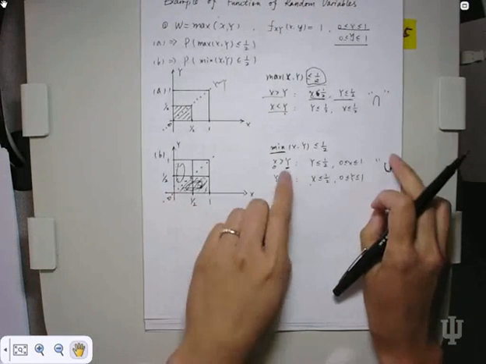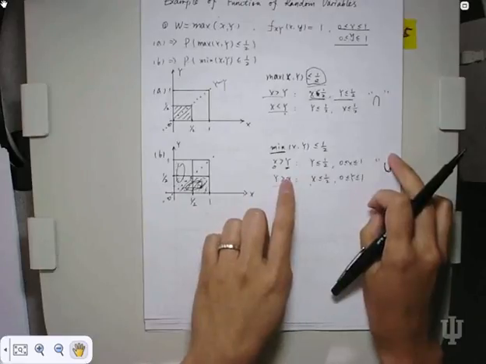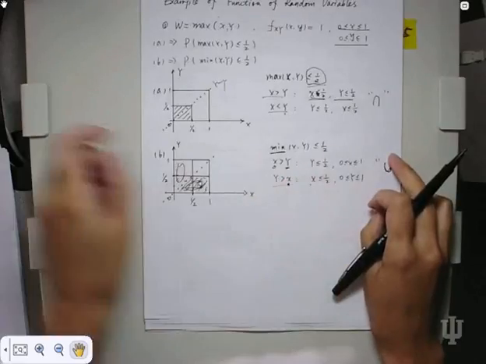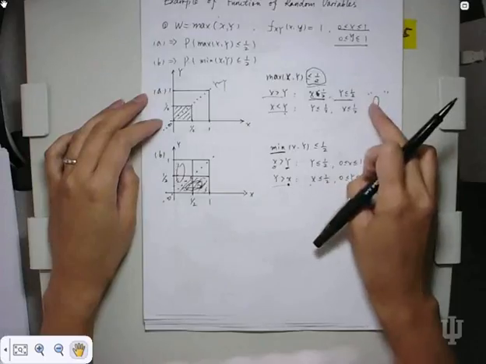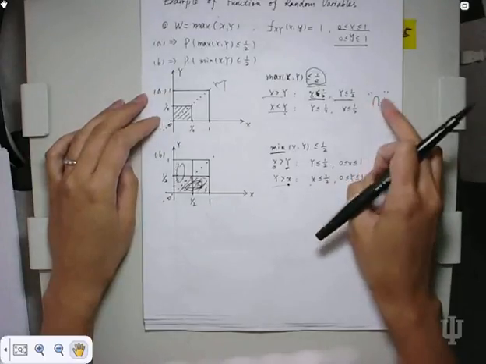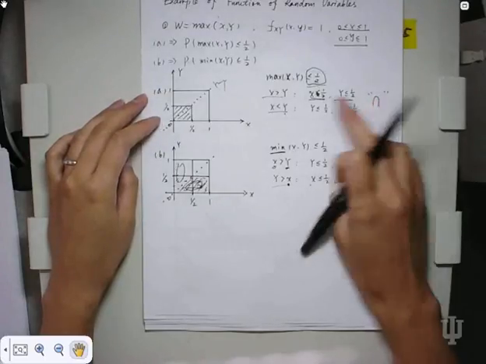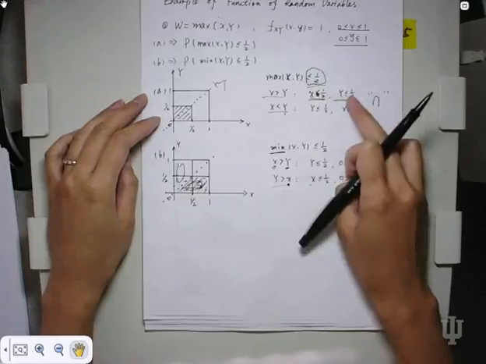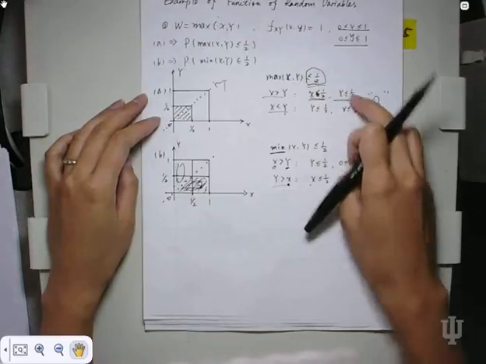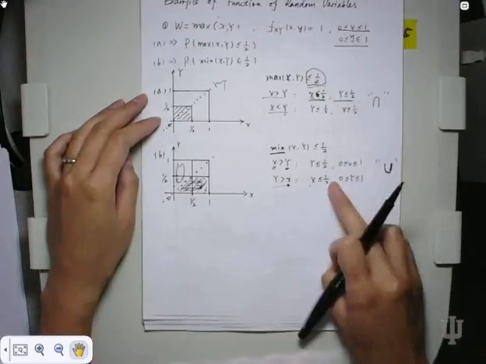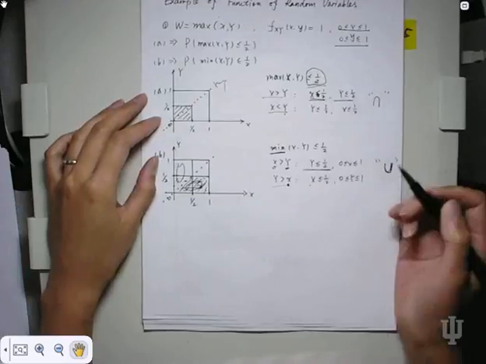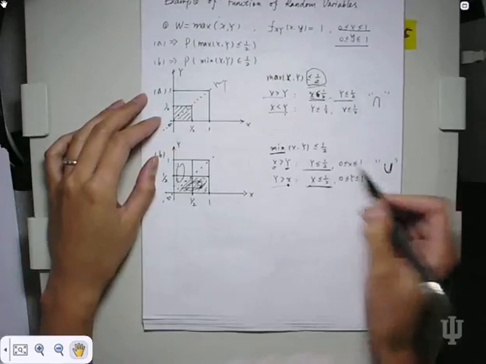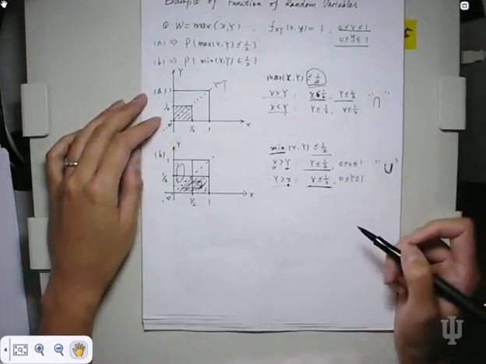If you think about this, it's not taking the intersection. This one is taking intersection. What does intersection mean here? It means both x and y need to satisfy this. Here, either y or x need to satisfy this limit.